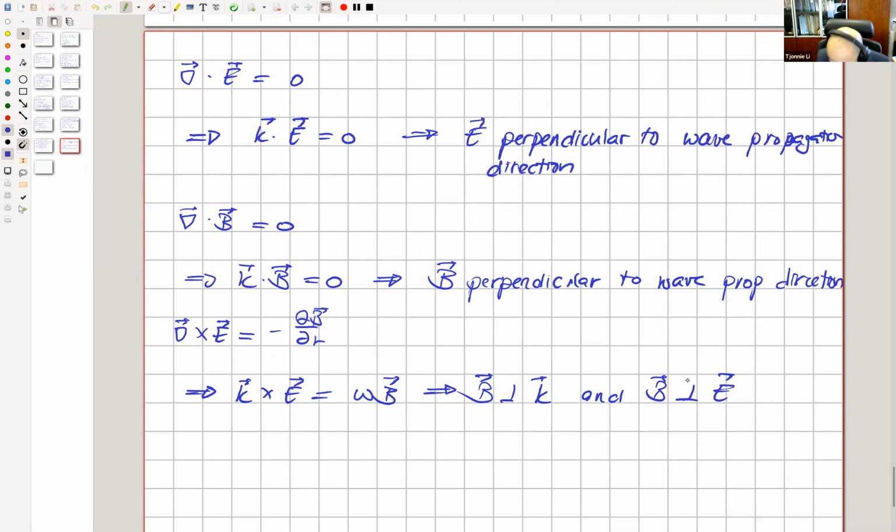And this is a pretty interesting result, right? So we now know, if I have a plane wave, how the E field and the B field are related to each other.